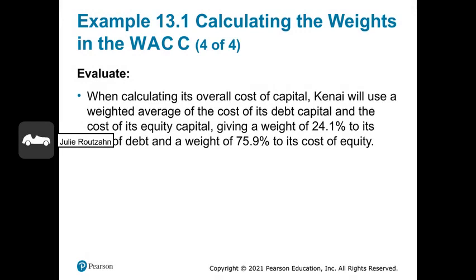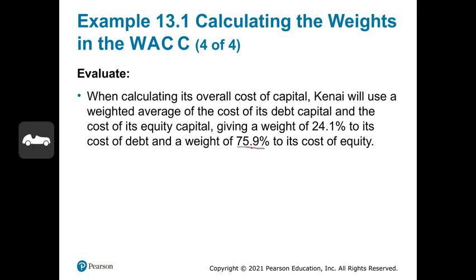When we divided the 9.5 by the 39.5 total, we get a 24.1% as the weight for our cost of debt. So 24.1% is the portion of debt that we have, and then the portion of equity that we have is 75.9 when we take the 30 divided by 39.5.